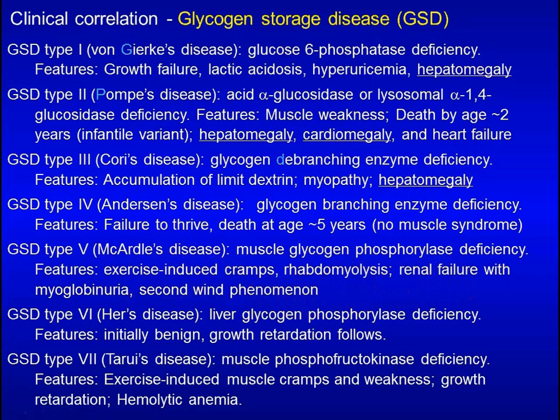Here, 3 diseases that have hepatomegaly are summarized in one mnemonic: GDP. G refers to von Gierke's disease. D refers to debranching enzyme deficiency. P refers to Pompe's disease.